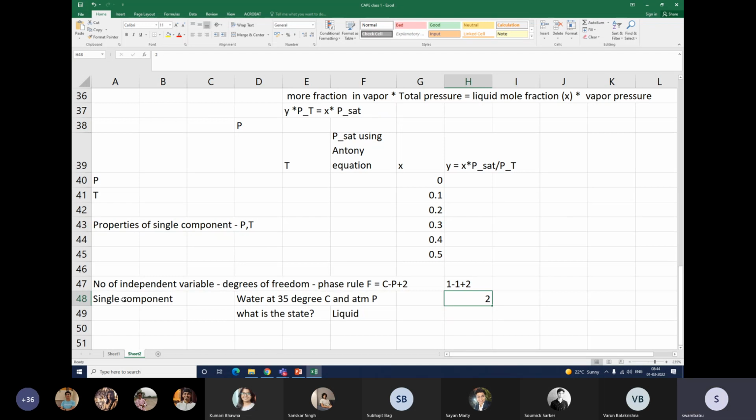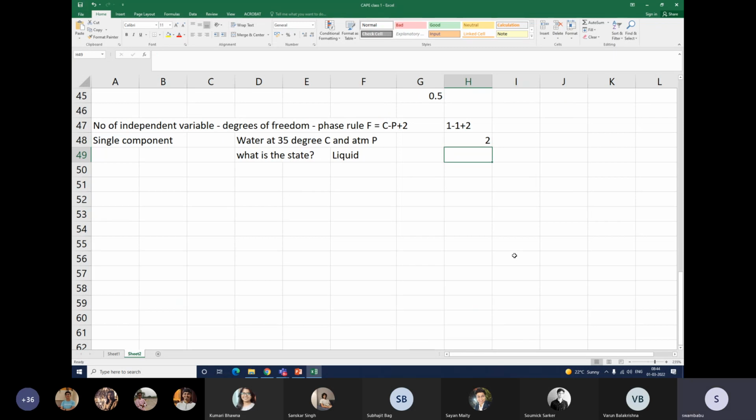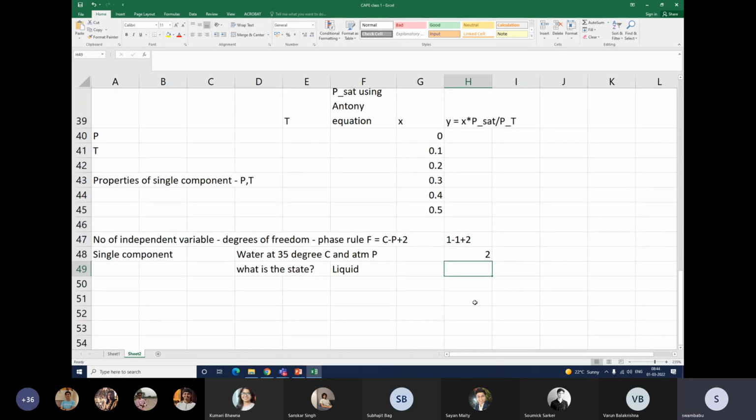So if you take a mixture of components, let's say the liquid is in a vapor-liquid state, in equilibrium with vapor.